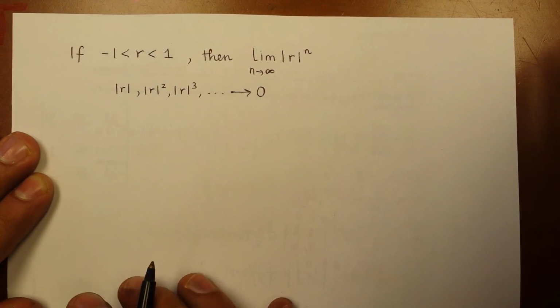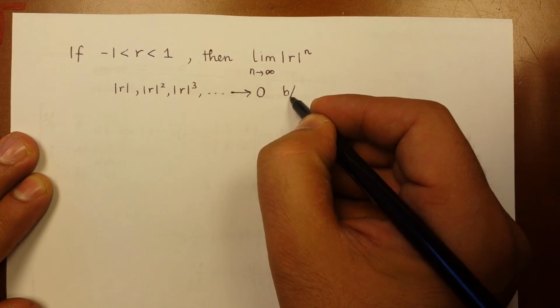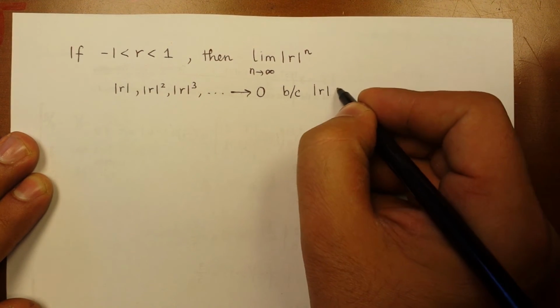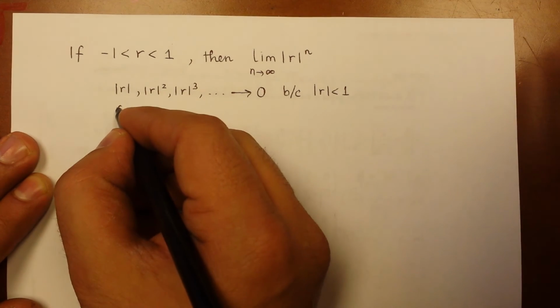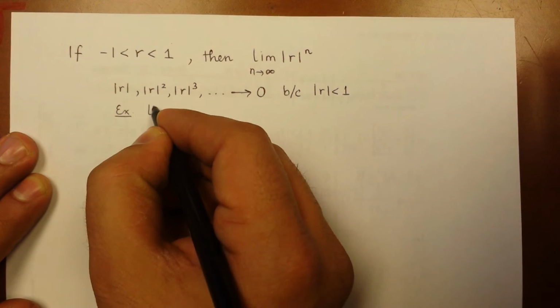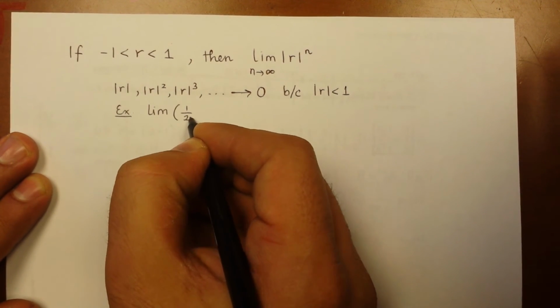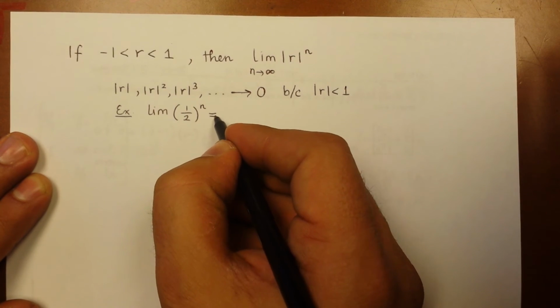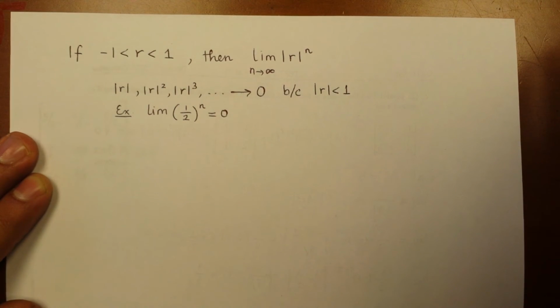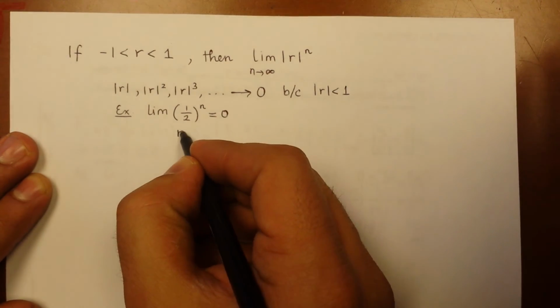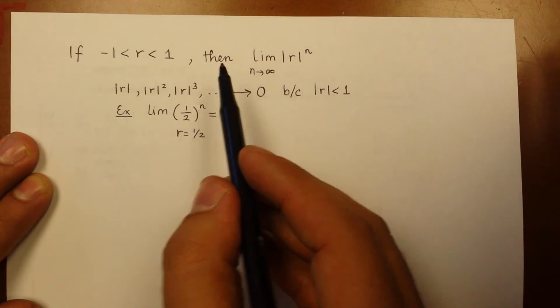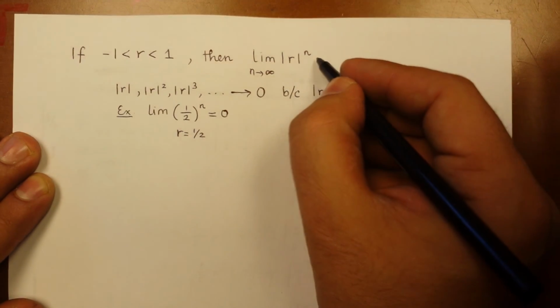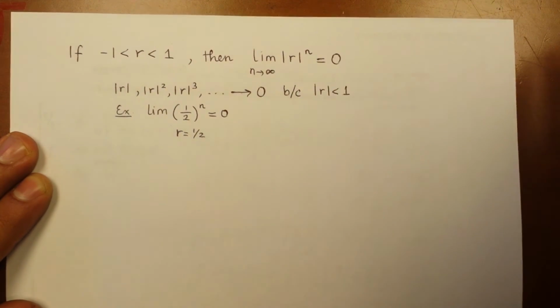Why? Because the absolute value of r is really less than 1. If you multiply it every time by itself, you're making it smaller and smaller. For example, a small one, the limit of 1 over 2 to the power n really goes to 0. You're just multiplying by itself. So in this case, r is simply 1/2, and this limit is basically 0.